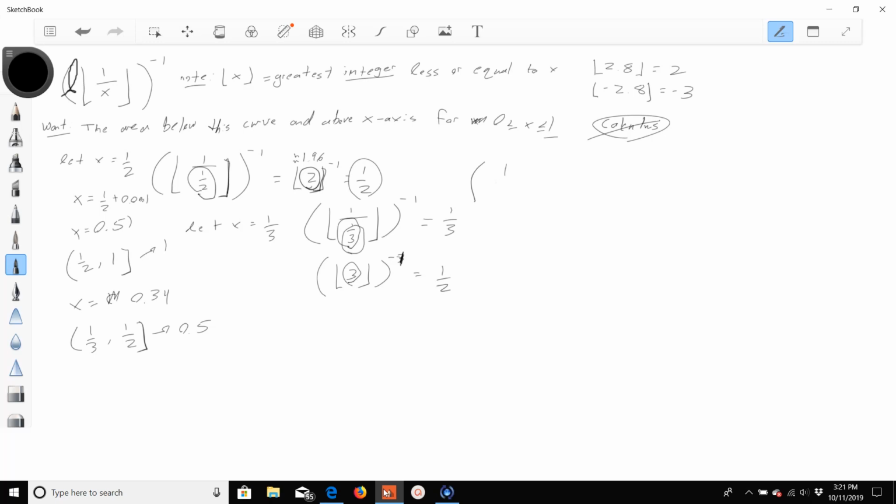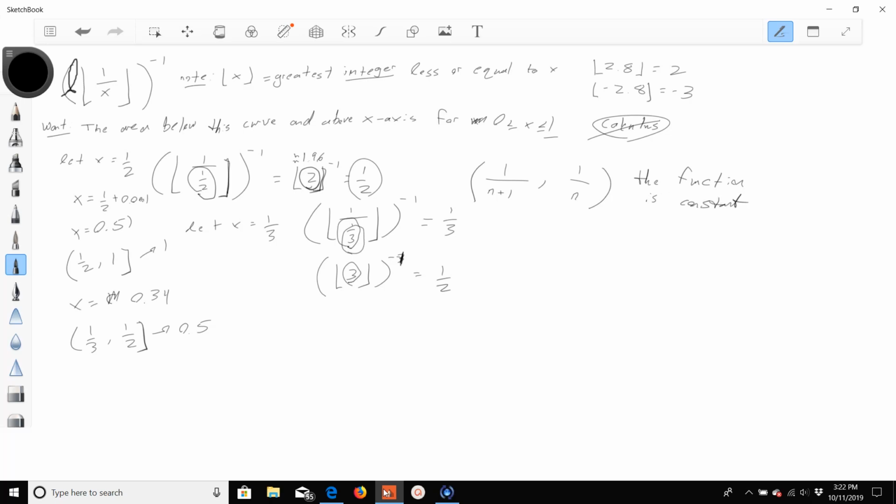So my claim is that on the interval of 1 over n plus 1 to 1 over n, the function is constant.